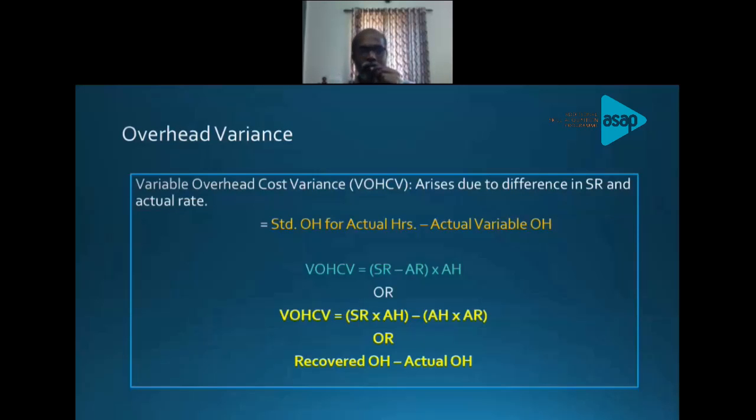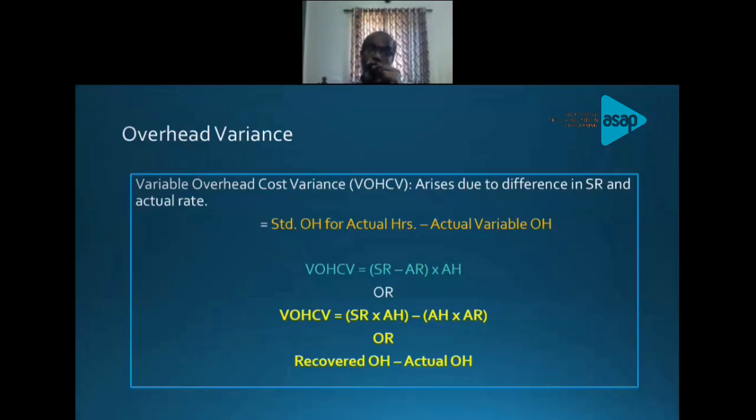Okay, whatever be, I would like to tell you something about overhead variance. When we speak about overhead variance, you know that overheads are classified into two different categories, that is variable overhead and fixed overhead. Variable overheads will fluctuate in proportion to the actual output produced or actual time produced, but fixed overheads will remain constant.